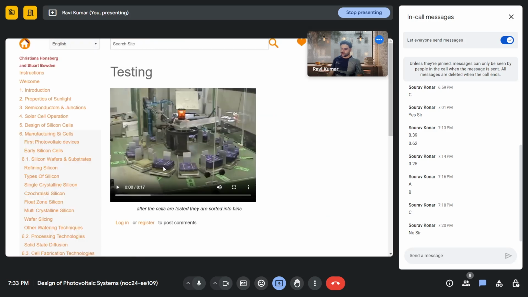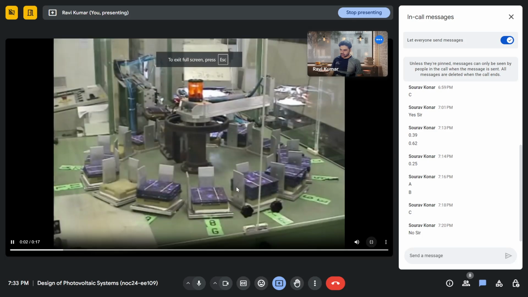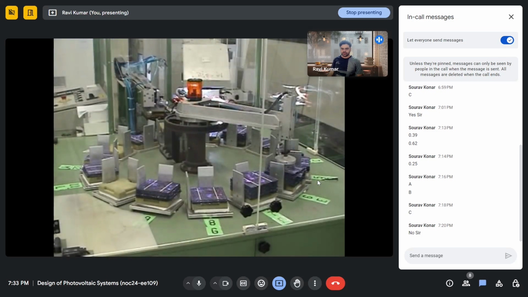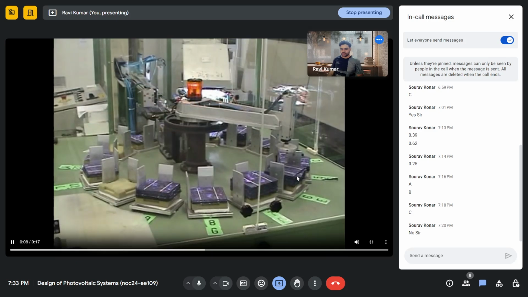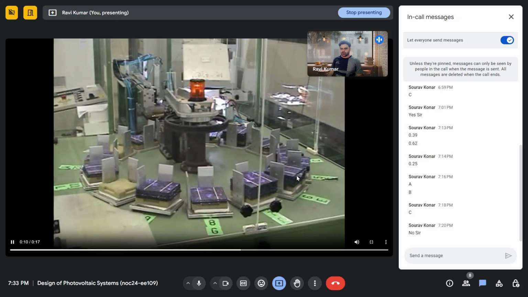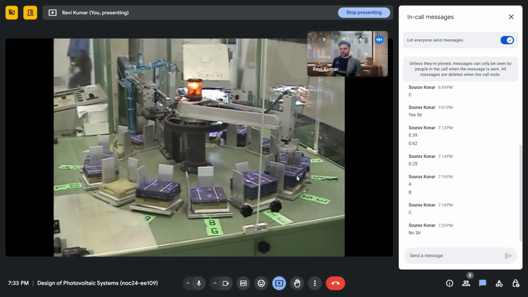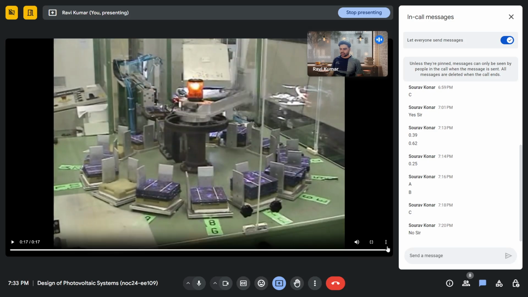And a few interesting videos as well, like this. These are the actual videos. A robotic arm sorting the solar cells based on their properties and all. These are multi-crystalline solar cells.